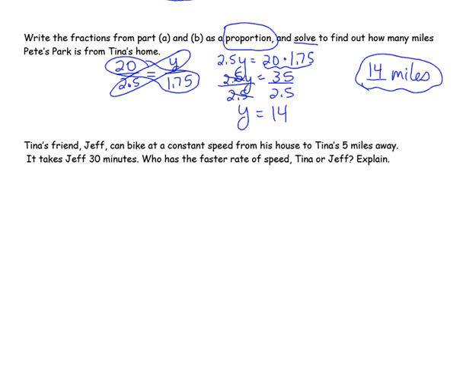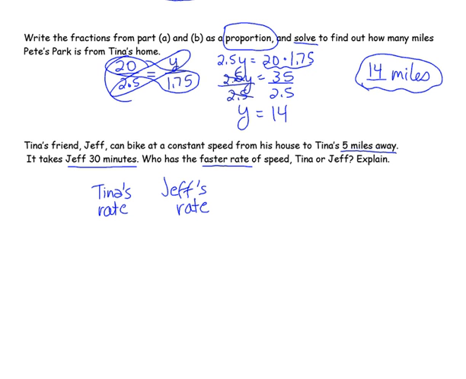Tina's friend Jeff can bike at a constant speed from his house to Tina's, 5 miles away. It takes Jeff 30 minutes. Who has the faster rate, Tina or Jeff? So you want to write their rates and then compare them. We have Tina's rate and Jeff's rate.